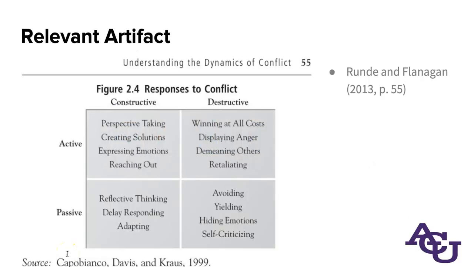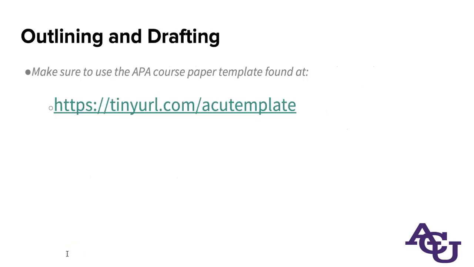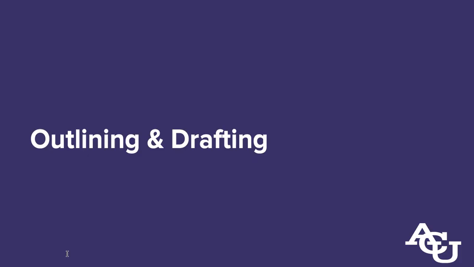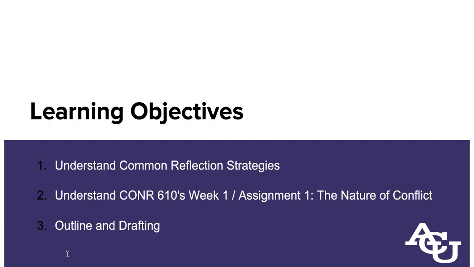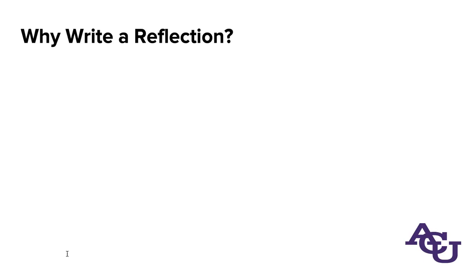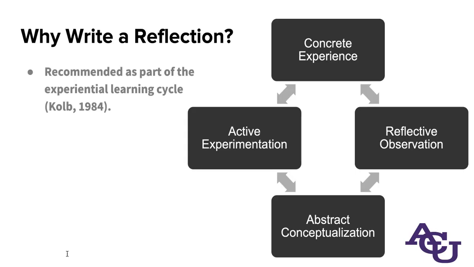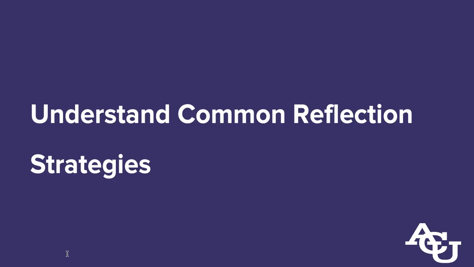Alright, that's, I think, a good point for us to wrap up today. So let's take stock of what we've discussed today. So we began by talking about common reflection strategies and the purposes of reflection, including particularly the experiential learning cycle described by Kolb.